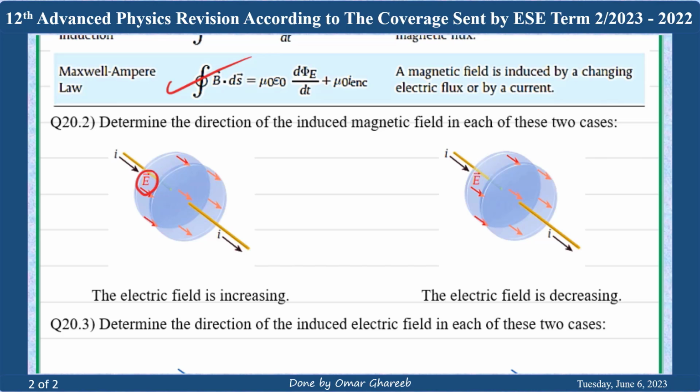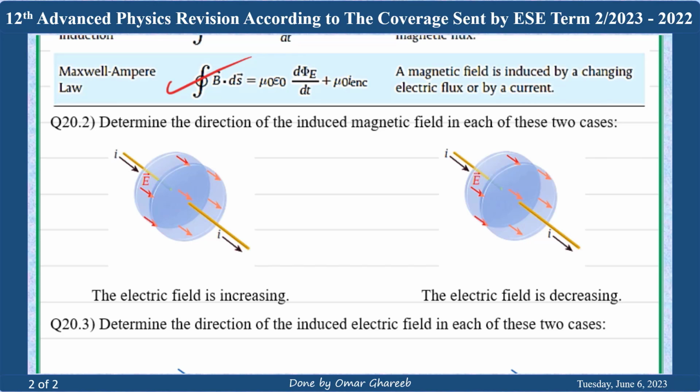It will be increased or decreased, and I want to decide what is the direction of the magnetic field. For this situation, we will follow something against Lenz's law, because I have the electric field and I need the magnetic field.